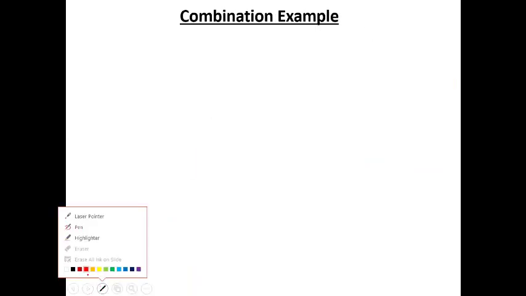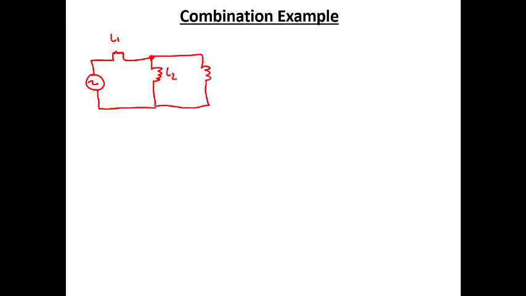All right, so let's look next at a combination circuit. A combination circuit would look like this, where we have a series part and then we have a parallel part. So this would be L1, L2, and L3.